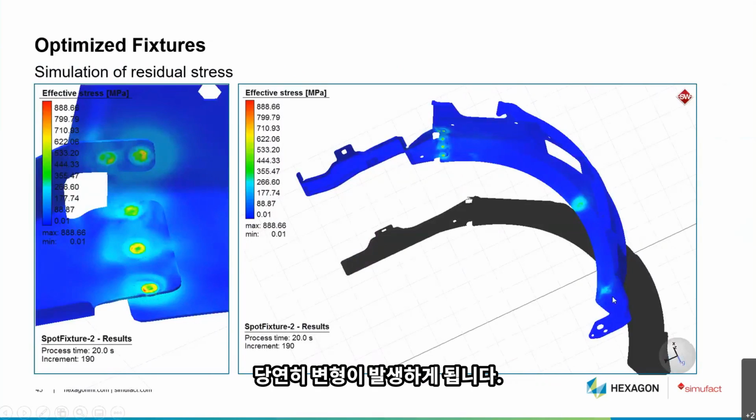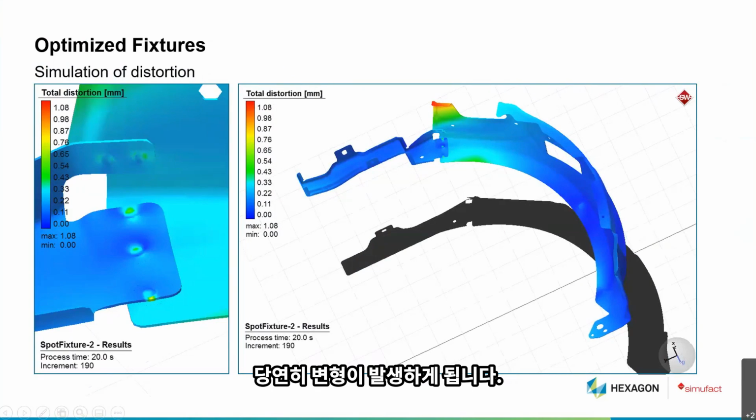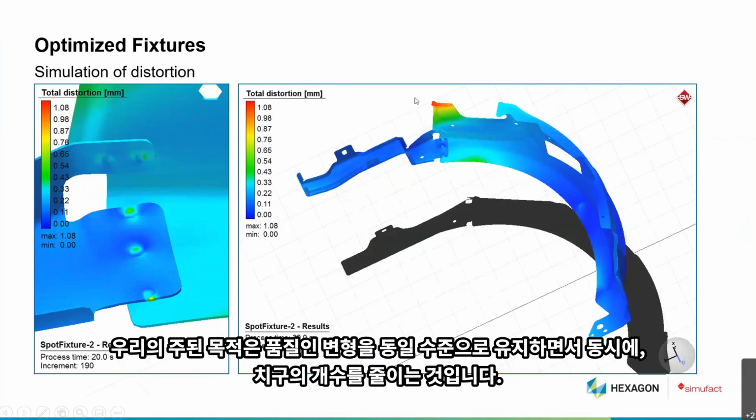And of course, this leads to a total distortion of the part. Our main quality objective is to keep this distortion low, and at the same time reduce the number of fixtures.